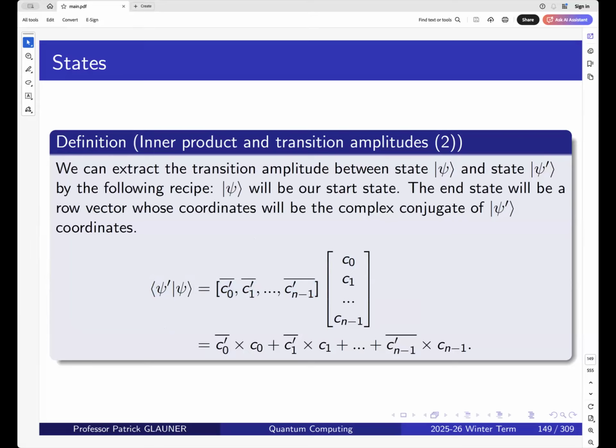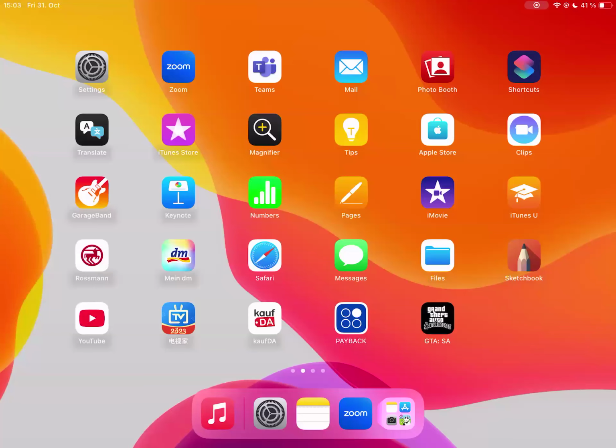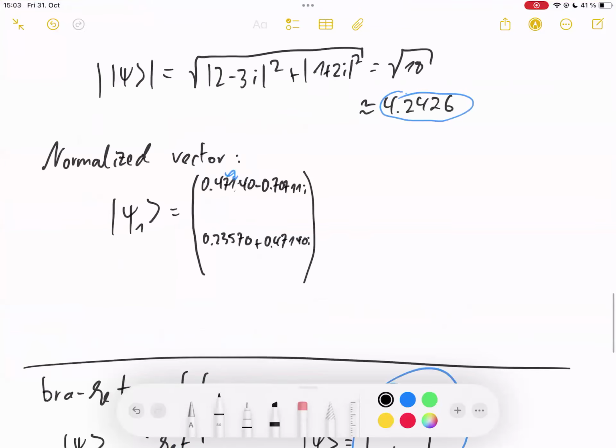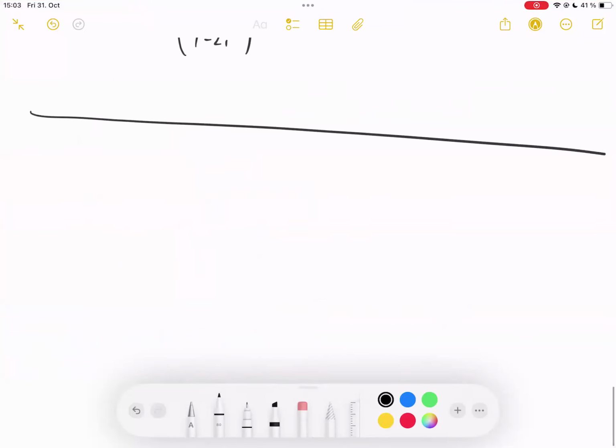Maybe I'll go back to the iPad to develop this slowly, so we actually see this step by step. I guess this could be helpful if we build it step by step, and then it should be clear to everyone.